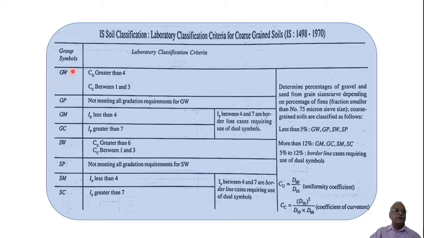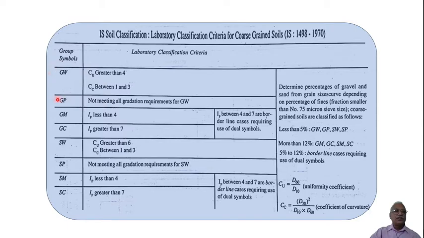First of all, to classify it as gravel, percentages will be helping you. To say it is well graded, Cu has to be greater than 4, Cc has to be between 1 and 3 after grain size analysis. GP, not meeting these conditions, it will be.